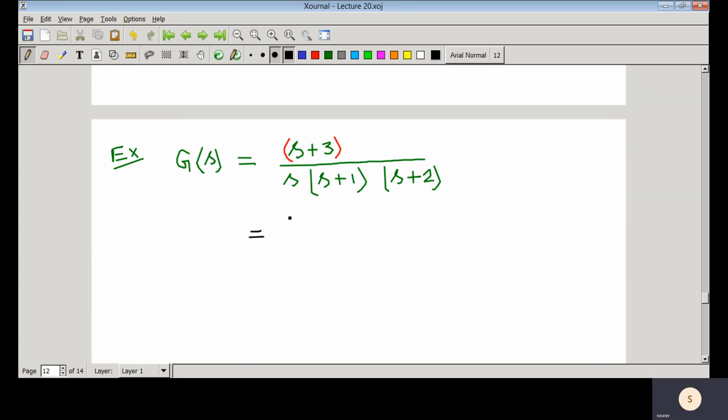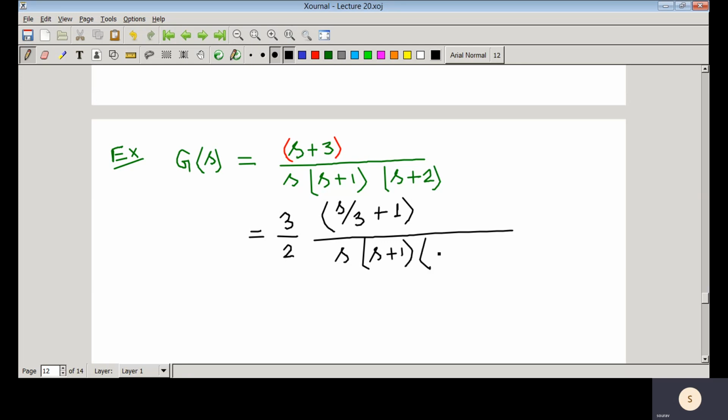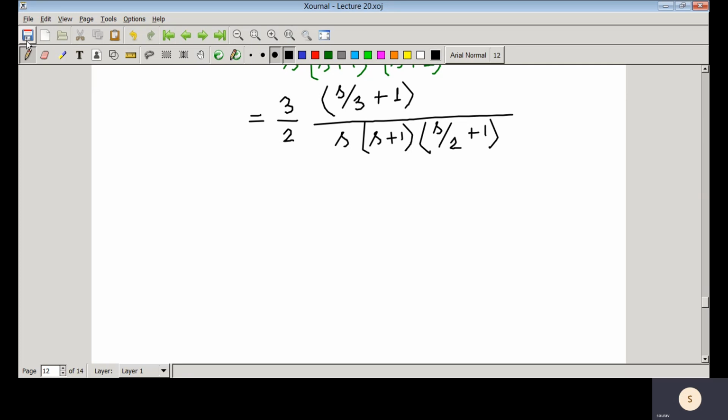If you take 3 common here, and in this case if you take 2 common, it would be (s by 3 plus 1), and here you have s, then (s plus 1), and here you have (s by 2 plus 1). Then we can just apply the concept that you have learned, to find what would be the Bode plot here.